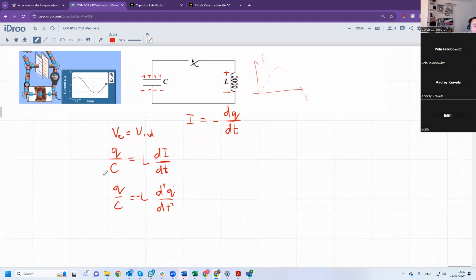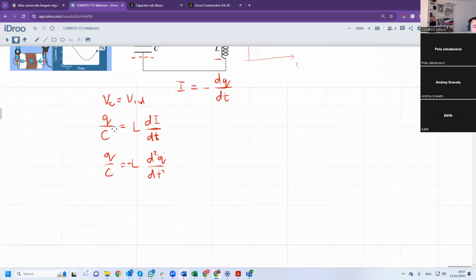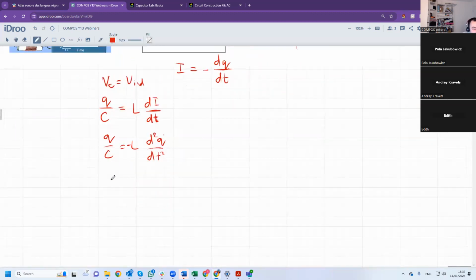And this is a differential equation of the second order. And we've actually seen this. So d²Q/dt² equals minus 1 over LC times Q. Does this equation remind you of anything?